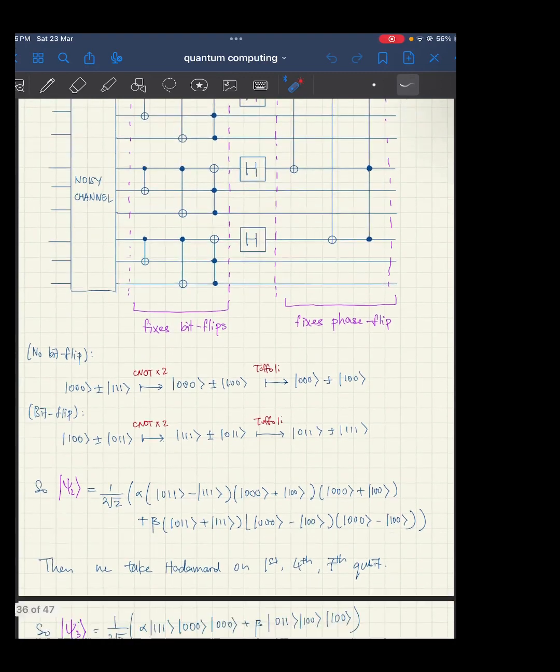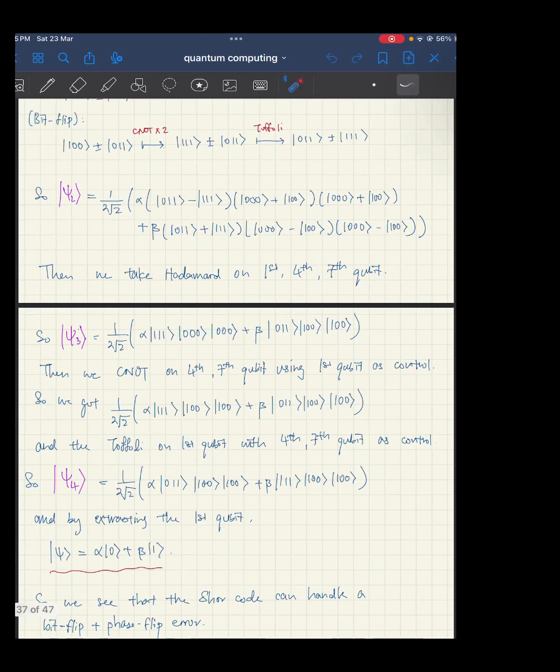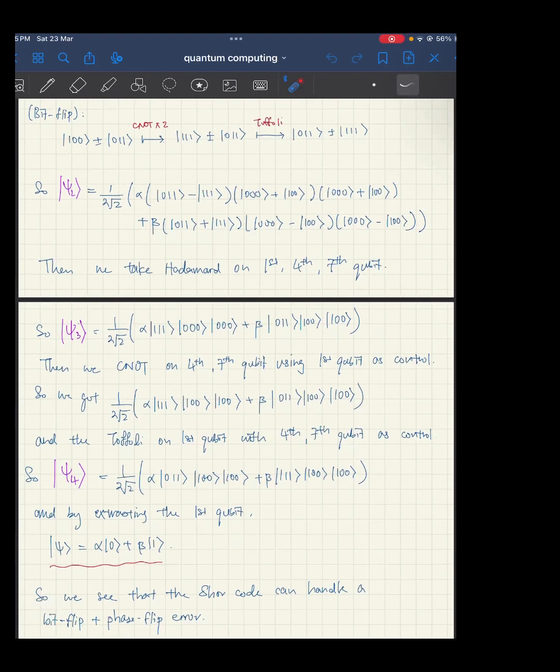Okay, so how does this work? For psi 3, since the first qubit is 1, we will flip the fourth and seventh qubit, so they go from 0 to 1. And for the other case, since the first qubit is 0, we don't change anything, so it stays at 1.